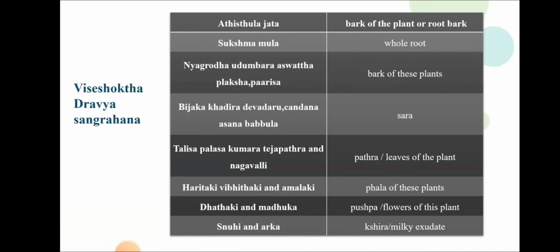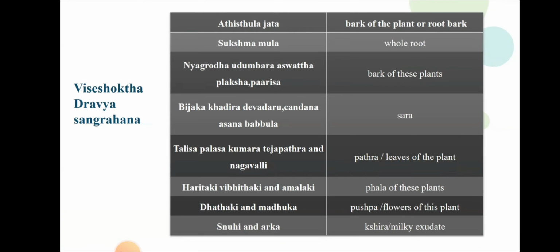And when it comes to Vishesholkta Dravya Sangrahana, Adistula Jada: in case of Adistula Jada, you have to take the bark of the plant or fruit bark. And Sukshma Mula, you have to take the whole root. And when it comes to Nyagrodhadi Gana, the bark of these plants has to be collected: Nyagrodha, Udumbara, Ashwatha, Plaksha and Parisha.